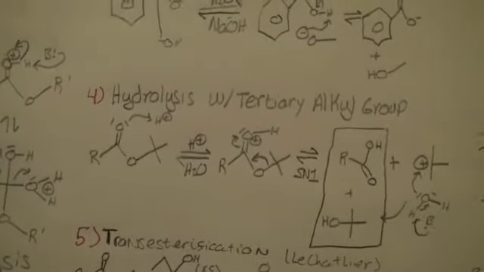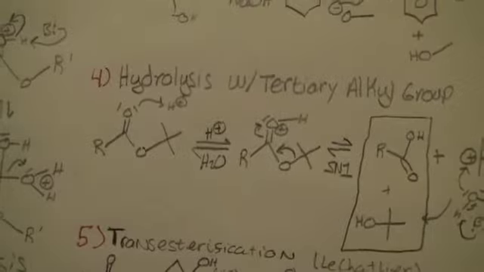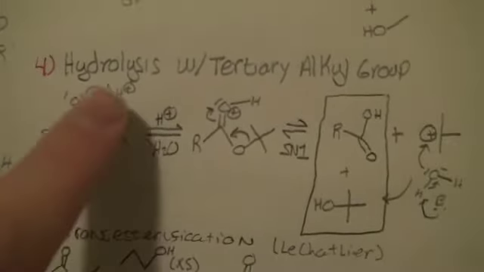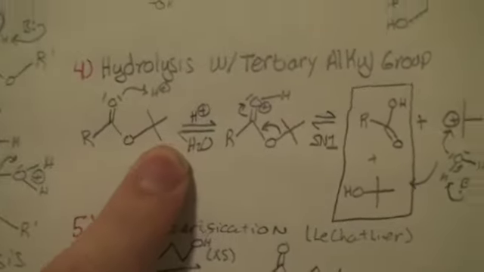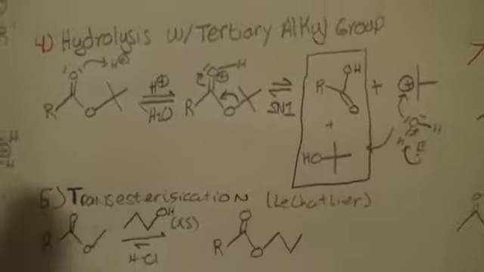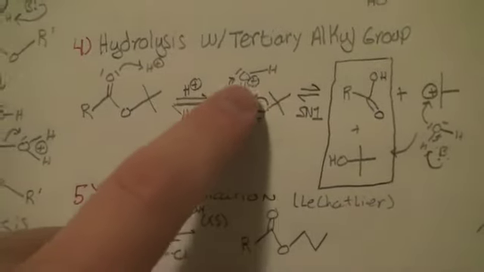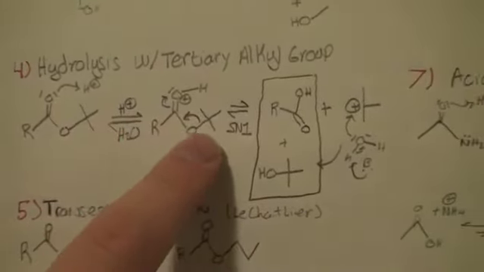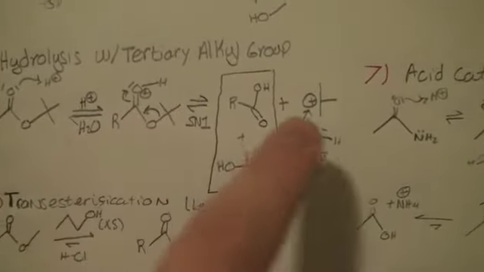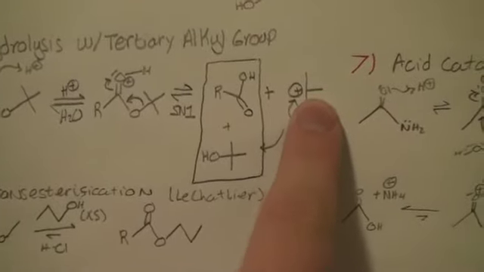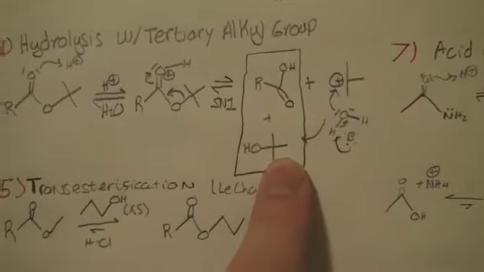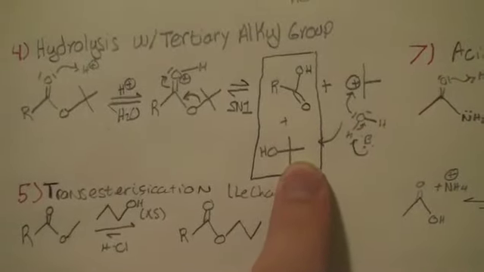If you have a tertiary alkyl group and you do that, as soon as you protonate, this tertiary group over here is a good leaving group because it's a tertiary carbocation. So these electrons pop over and that pops off. So at the end of the day, you end up with this guy right here, which attacks onto water to get your alcohol, your tertiary alcohol.